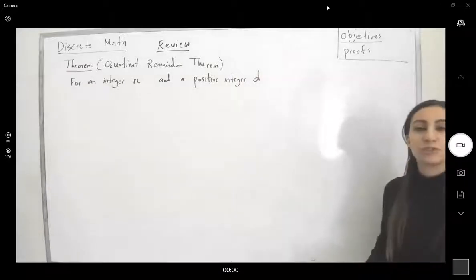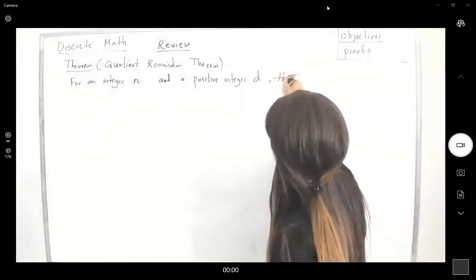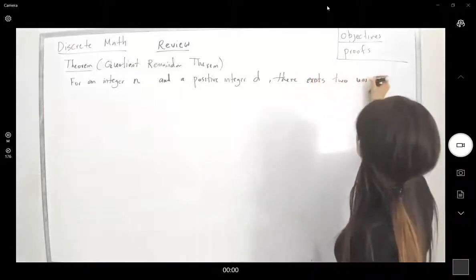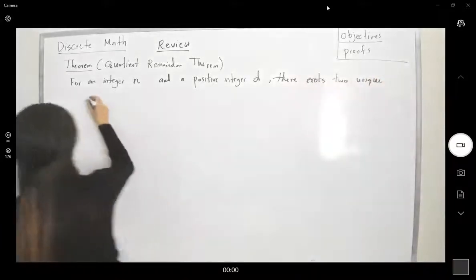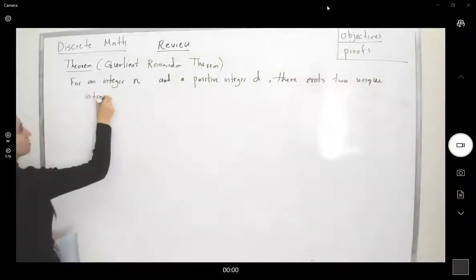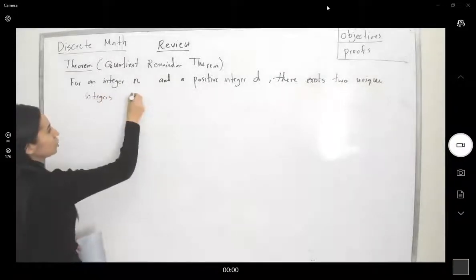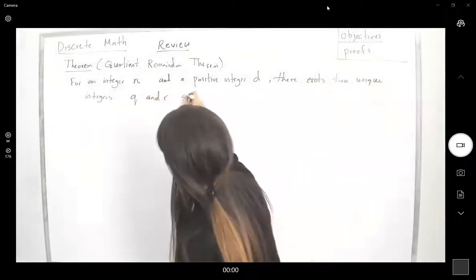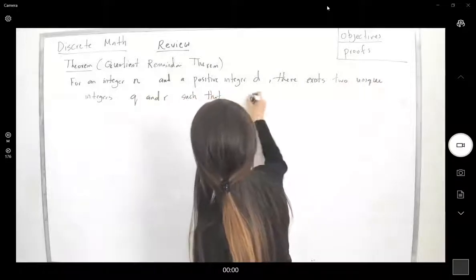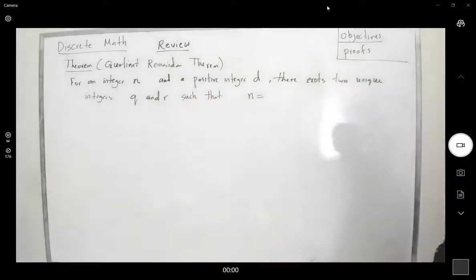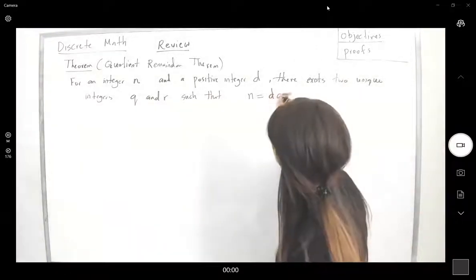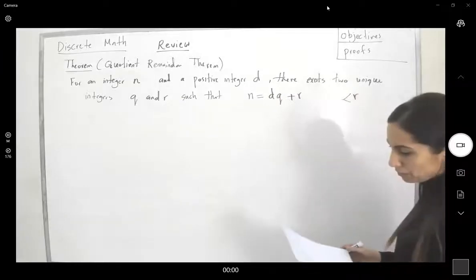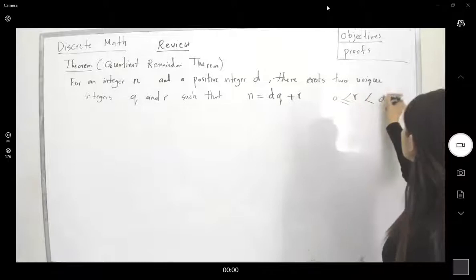There exist two unique integers q and r such that n can be written as dq plus r, and r is between 0 and d.